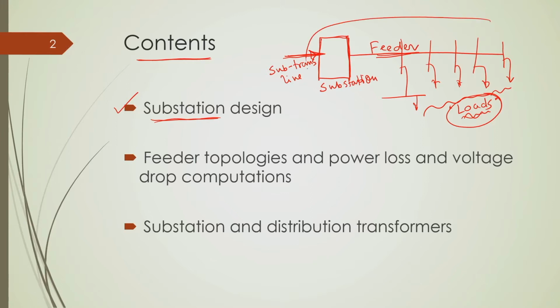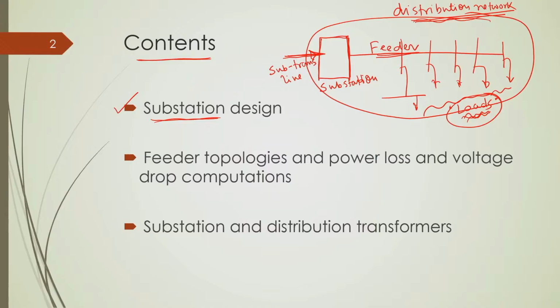Now, we will discuss a basic overview of the distribution network. This distribution network consists of many things, and loads are one of the stakeholders. But apart from that, the distribution network consists of substations, feeders, and also, because these loads get power from a distribution transformer, I will also discuss the distribution transformer.